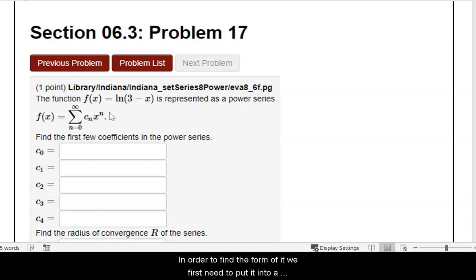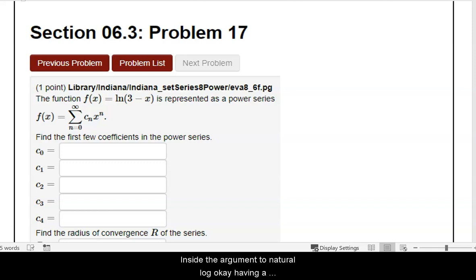In order to find the form of it, we first need to put it into a typical format. One of the easiest things to do would be to rewrite it so that we have 1 minus something related to x inside the argument to natural log.